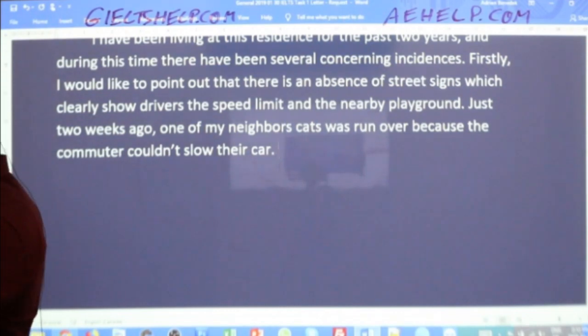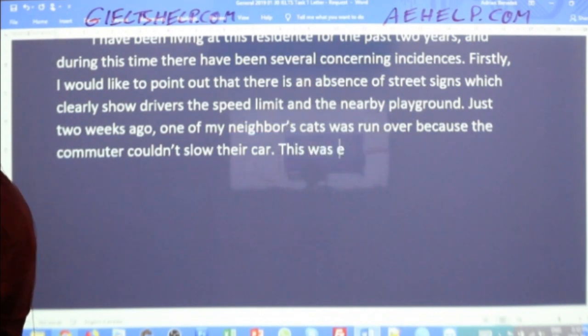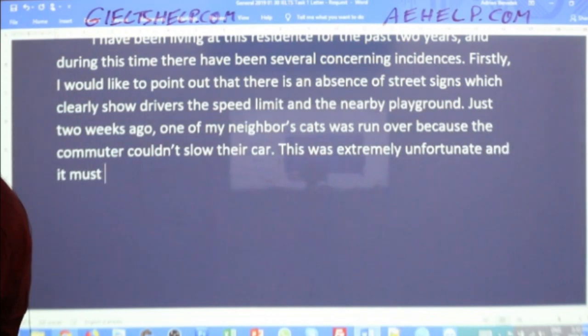Slow their car. This was extremely unfortunate, and it must be avoided in the future.